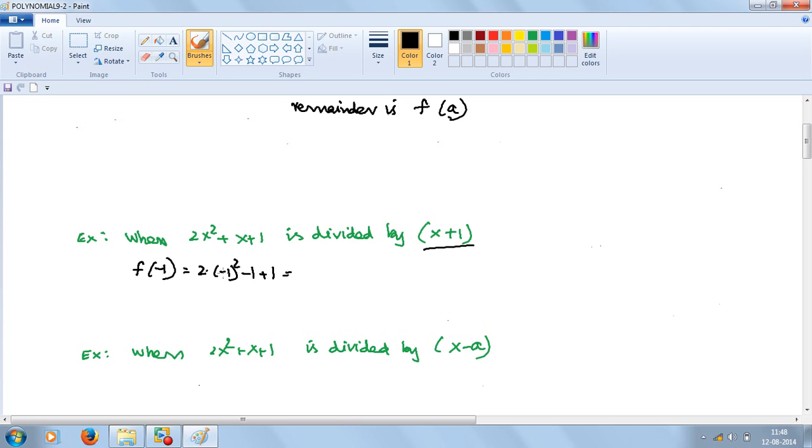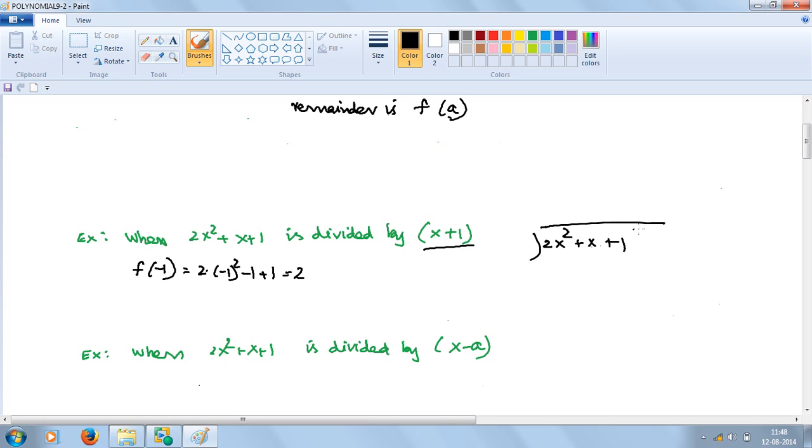So minus 1 square becomes plus 1, and this becomes the value 2. We'll actually divide 2x square plus x plus 1 by x plus 1 and see. This is just to counter check.